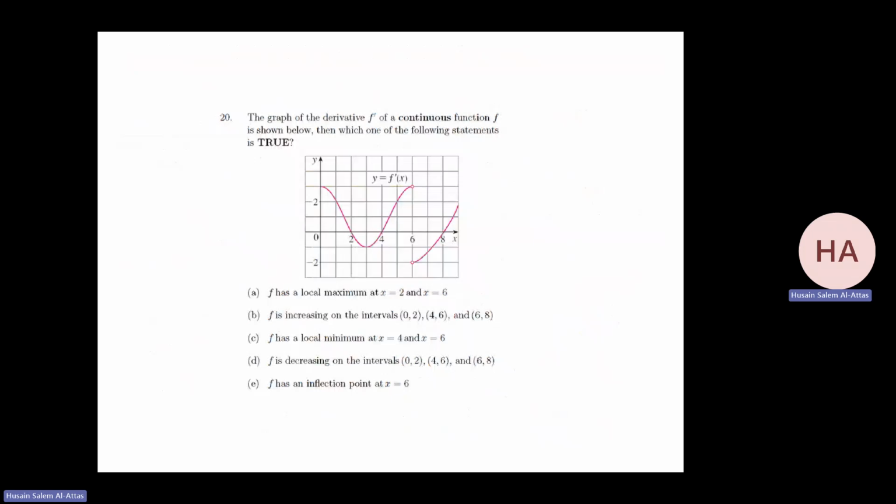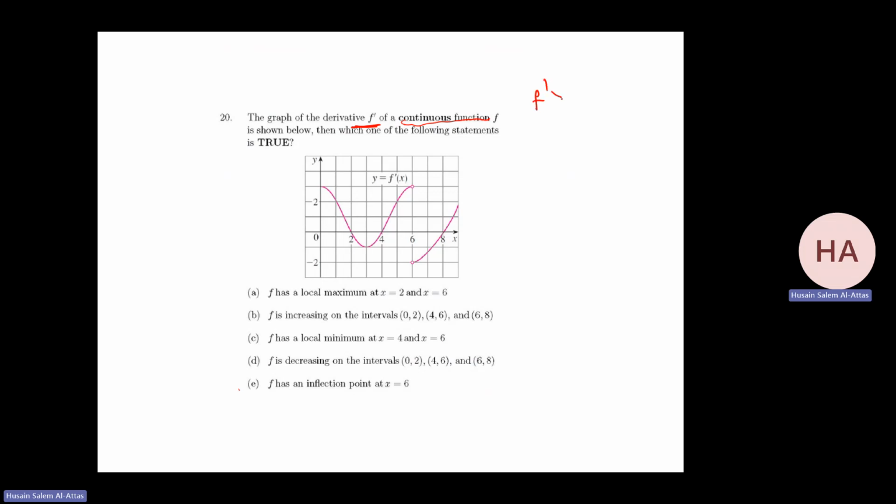This is the graph of f prime of a continuous function. So the function originally is continuous. Now he's giving me the graph of f prime. Now we need to check which statement is true. Inflection point, this is 4.4, we leave it. Okay, now we have the graph of f prime.